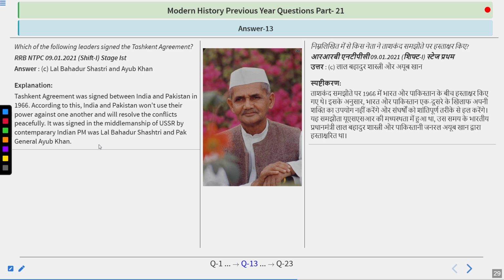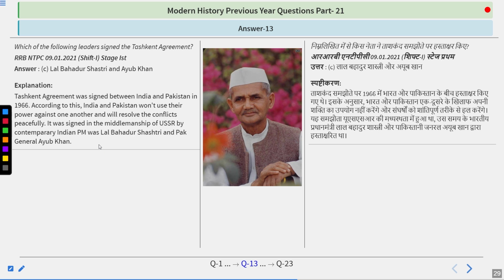And Lal Bahadur Shastri was the one who particularly gave the slogan Jai Jawan, Jai Kisan. Remember that as well. And he was the second prime minister of India. Remember that. And after Lal Bahadur Shastri, once again, the position of prime minister got vacant.